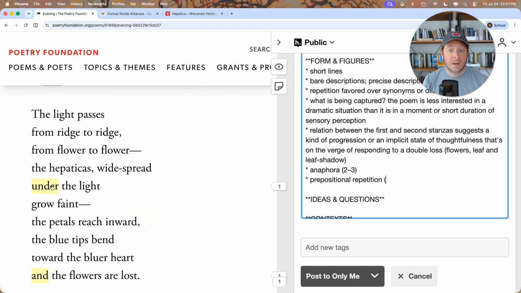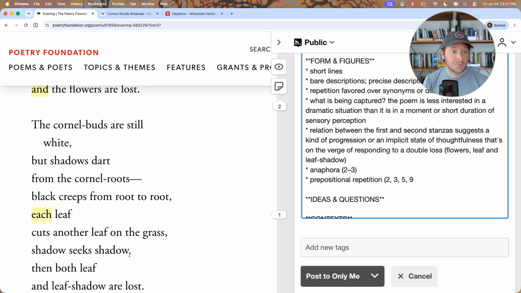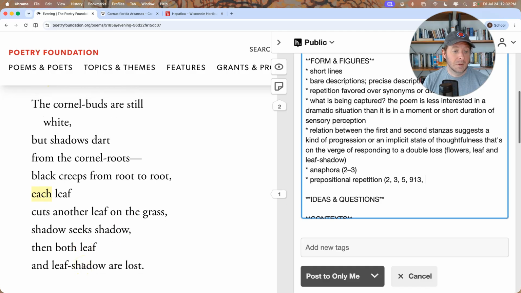From, under, toward. So early on you have a repetition of lines beginning with prepositions.